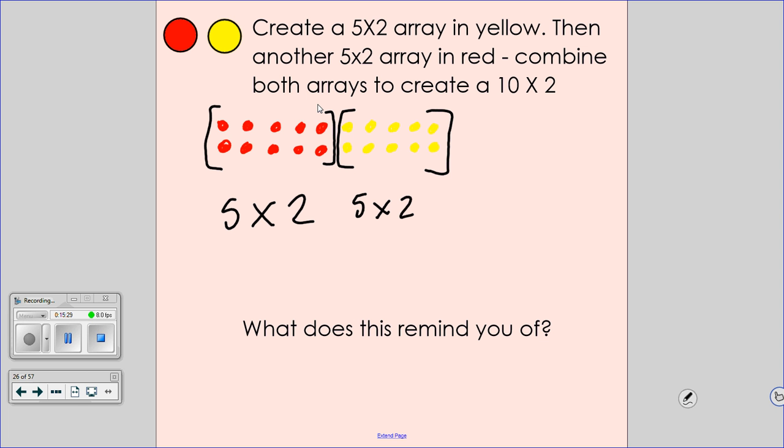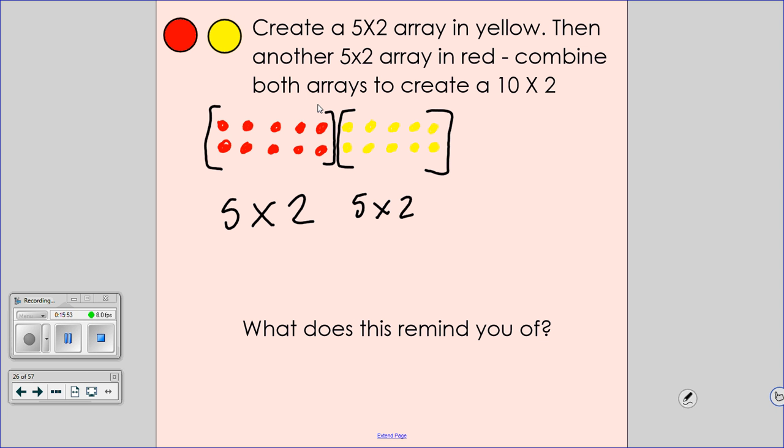And if I colored all these dots the same color and made them one array, like I turned them all red or I turned them all yellow, what size array would I have? Ava?